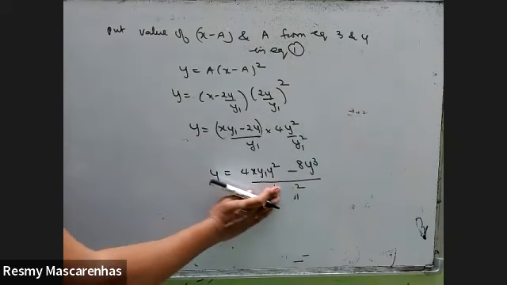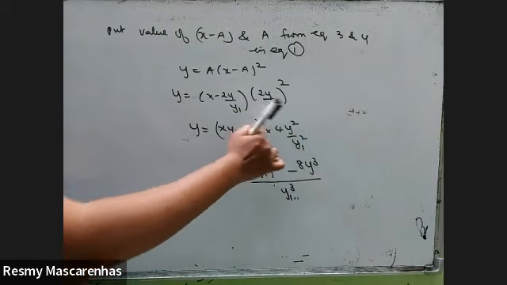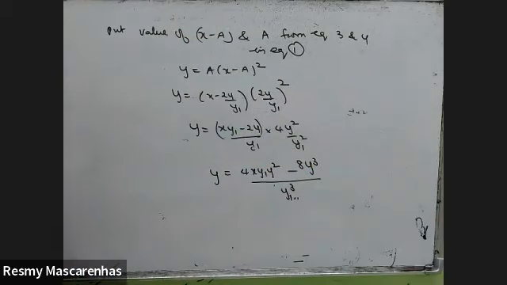This will become y1 cube. This 4y square I multiplied inside to both the terms. y1 into y1 square is y1 cube.